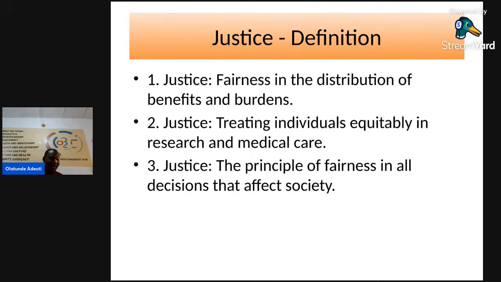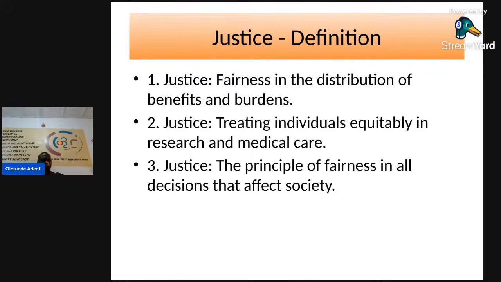Anytime there is a benefit, you center on your own people, and anytime there is going to be a burden, you take it away from your own people. You say, no, I don't want to hurt my own people. No! In bioethics, the principle of justice must always be your guiding principle, and that is nothing but fairness in the distribution of benefits as well as burden.